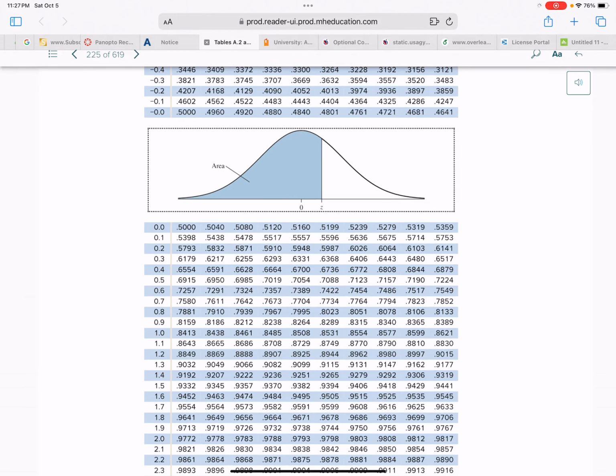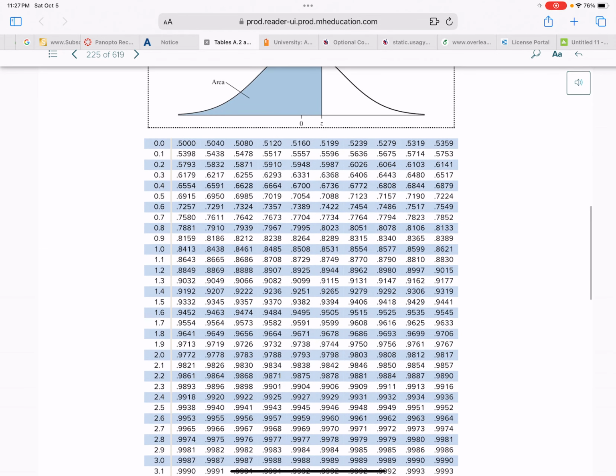Here we go. So if we look at the z-score for 2.04, that's 97.93 or 0.9793, okay? That's what we're looking at right here.